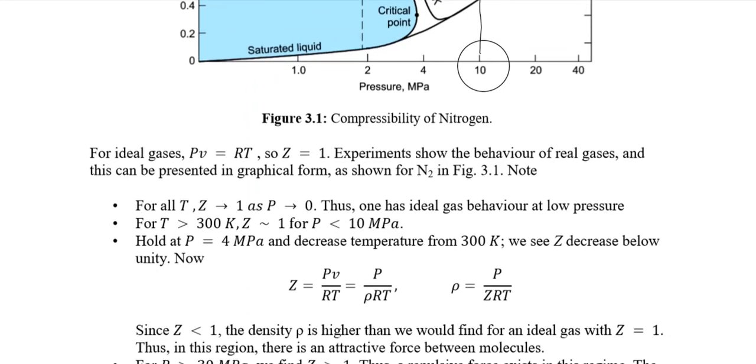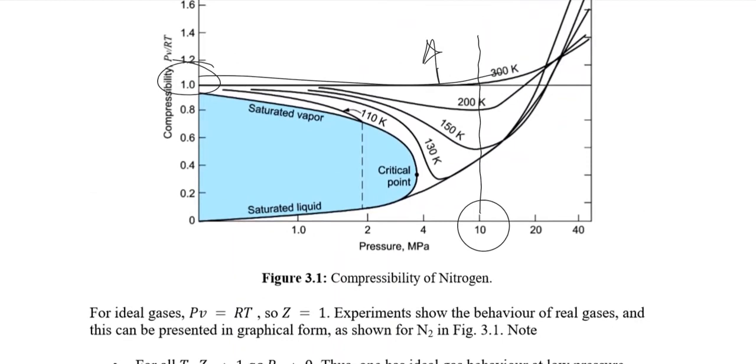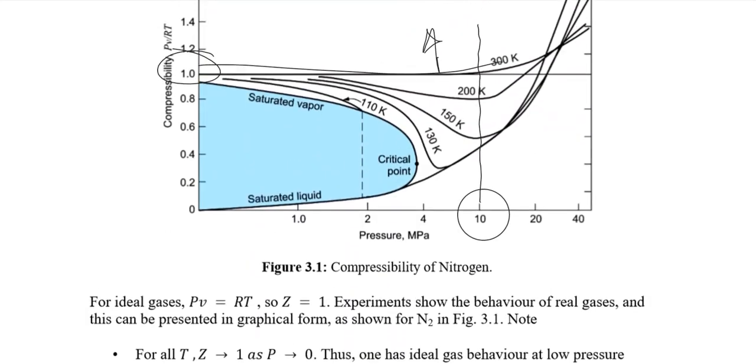If the temperature is greater than 300, Z would be approaching 1 even keeping the pressure less than 10 megapascal but still above the critical point. So the behavior will still be ideal if we are talking about high pressure and high temperature.